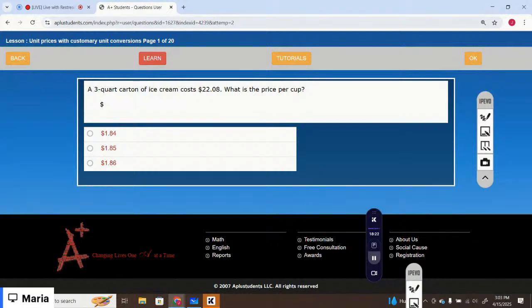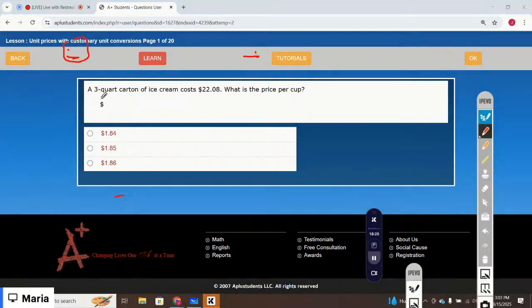What is the price per cup? So the basic thing is you need to convert from quart to cup. So we have to see 1 quart equal how many cups?